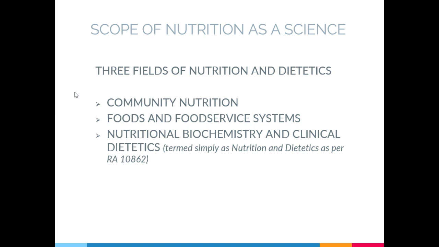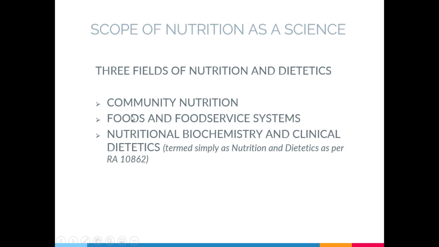We also have the scope of nutrition as a science. So these are the three fields of ND that I mentioned. We have first the community nutrition. So our setting here is, from the term itself, the community. Foods and food service system. So this is where we manage food service institutions like restaurants, cafeterias, and other establishments that serve food.